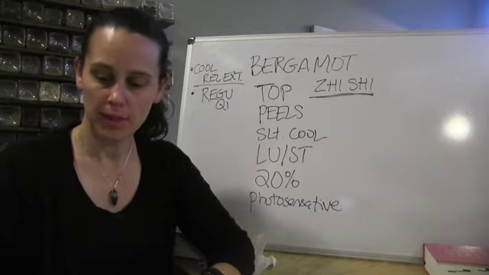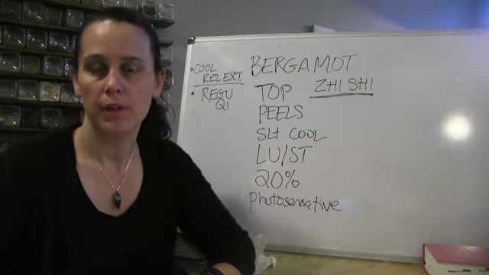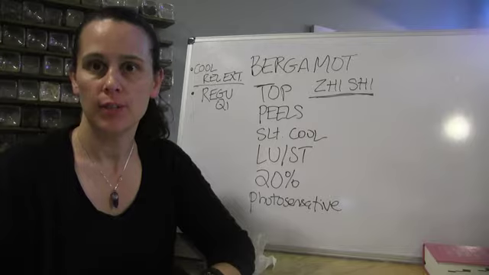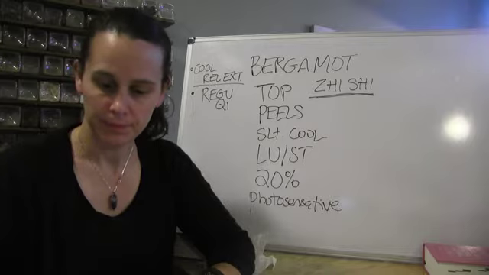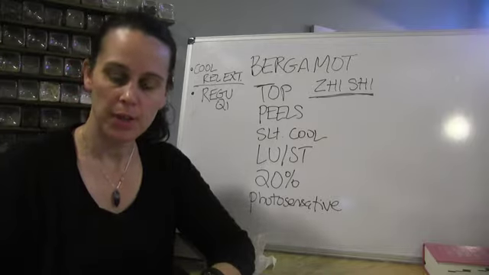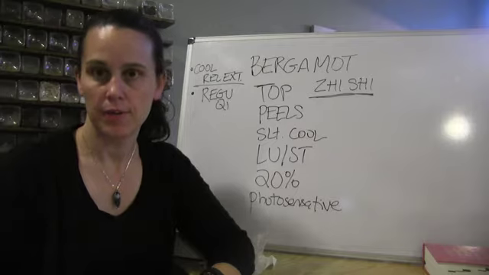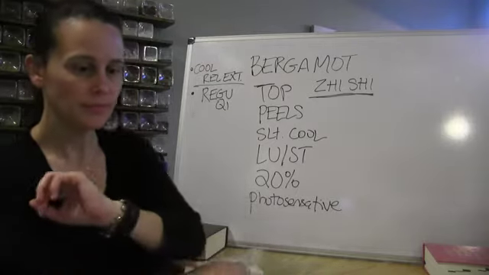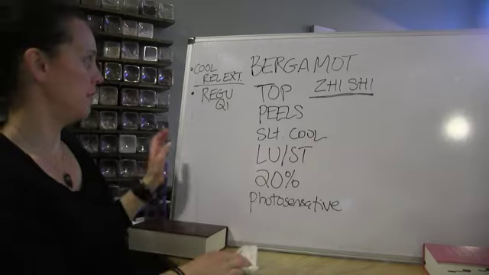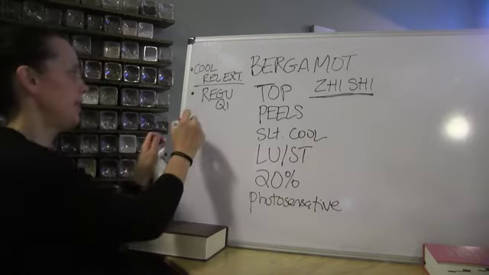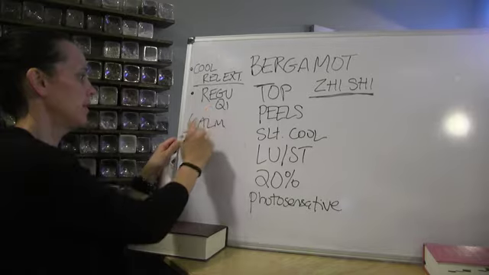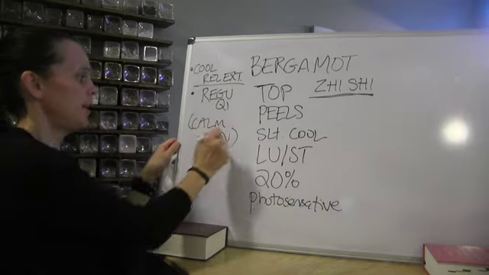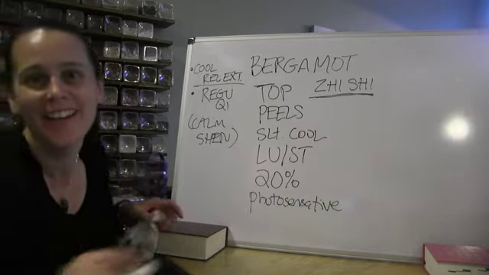It can help somebody feel comfortable to re-enter the world of light and social interaction. You need to be cautious with it in the bath because of that photosensitivity. It can cause skin irritation. So really wonderful oil. And let's just add here calm shen as another category.